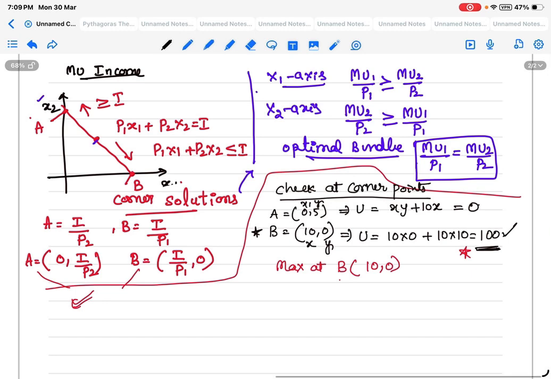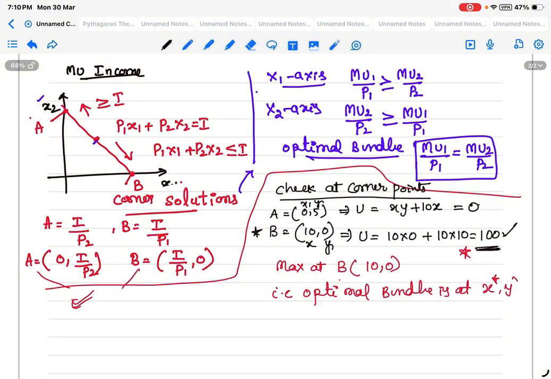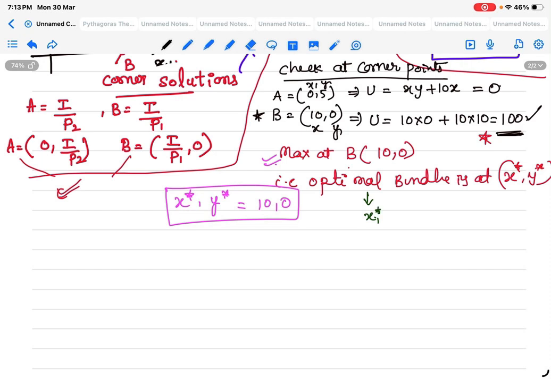Maximum at 10 comma 0. So the optimal bundle x star comma y star is 10 comma 0, which means not any good of y.